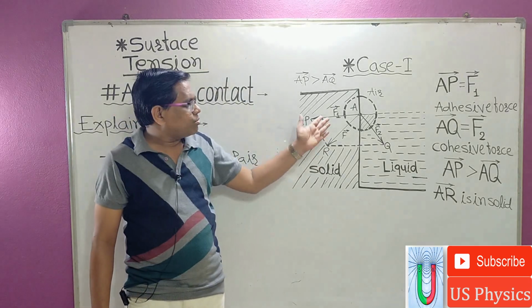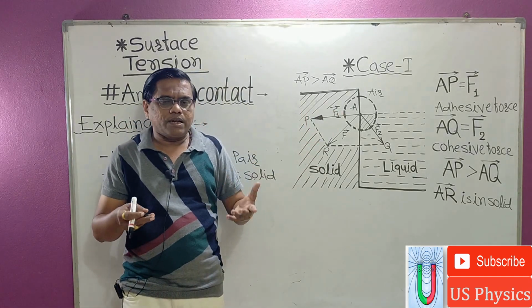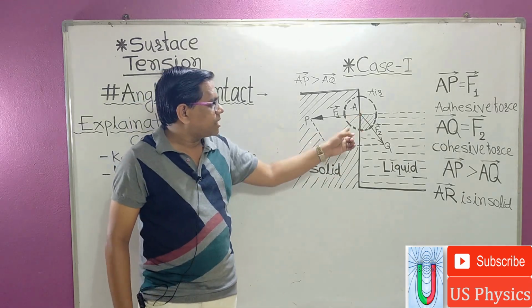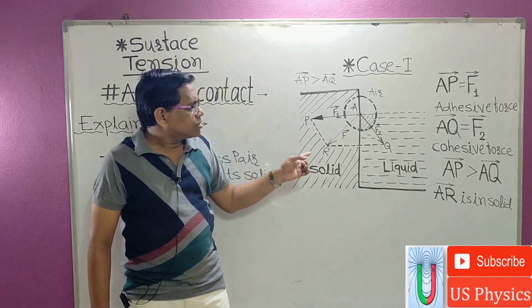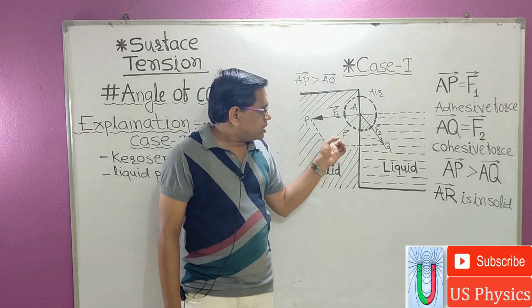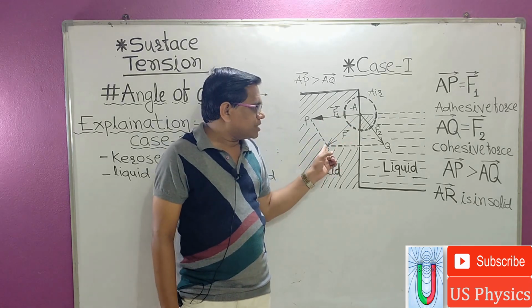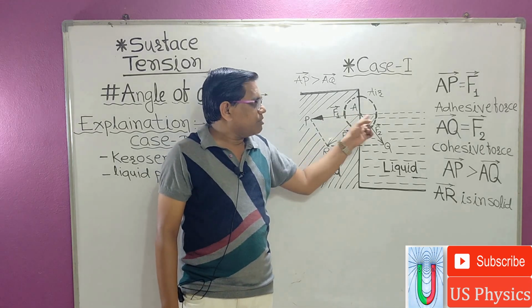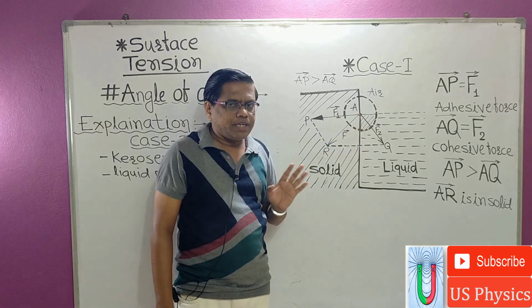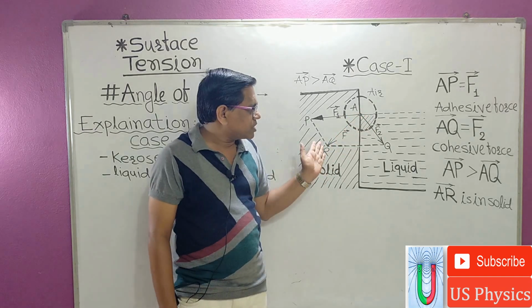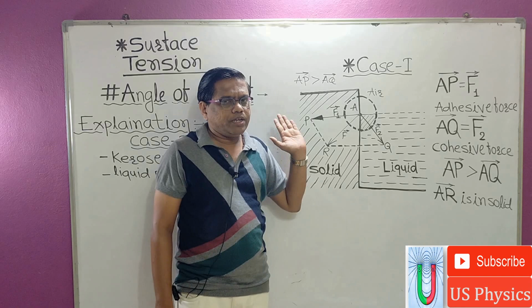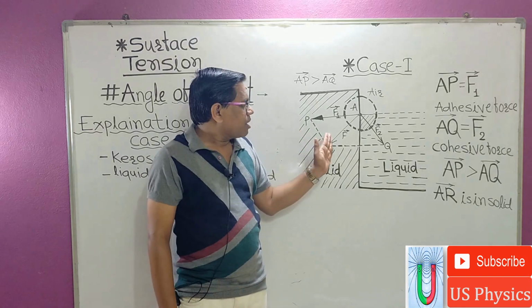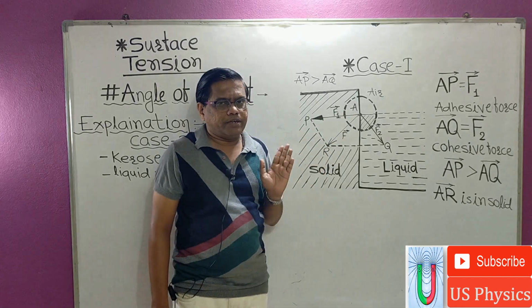If molecule A does not adjust itself, it will have to move in the direction of AR bar. So in order to nullify the effect of this AR bar, the free liquid surface adjusts itself in such a way that it becomes perpendicular to this resultant.